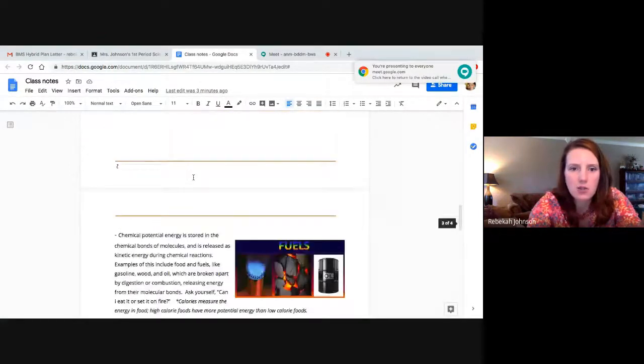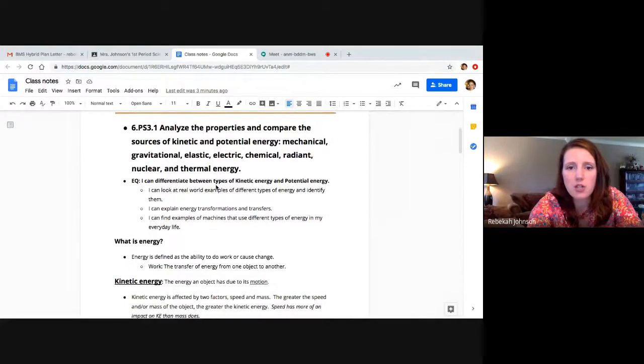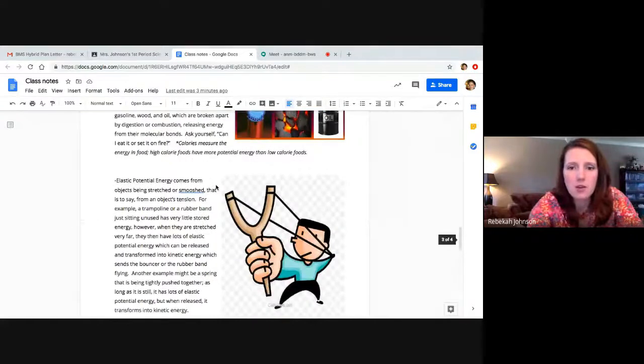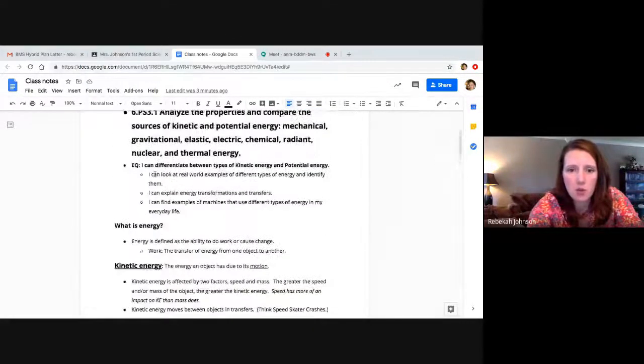If we look back to our standard, analyze the properties and compare sources of kinetic and potential energy: mechanical, gravitational, elastic, electric, chemical, radiant, nuclear, and thermal energy. Well, we've done that, guys. We have found sources. If we look at our learning objectives, we should be able to go through and figure out all of these things.